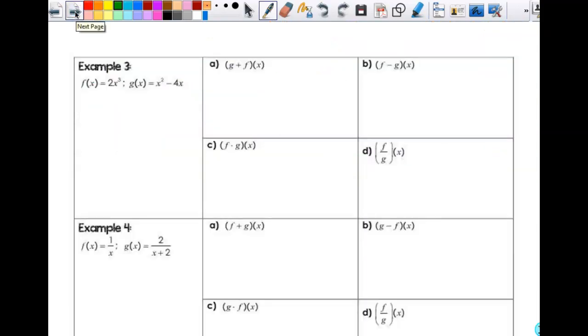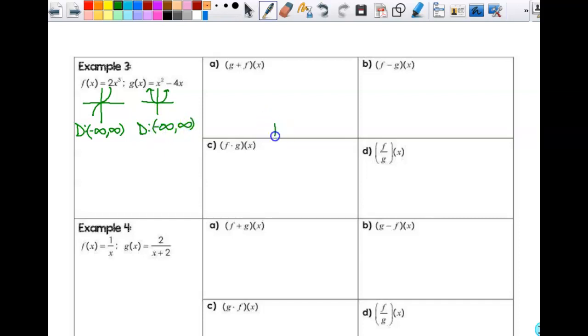Alrighty, so now I've got this one. I've got a cubic. So what's my domain? Negative infinity to infinity. And then I've got a quadratic. So what's my domain? Negative infinity to positive infinity. Okay.